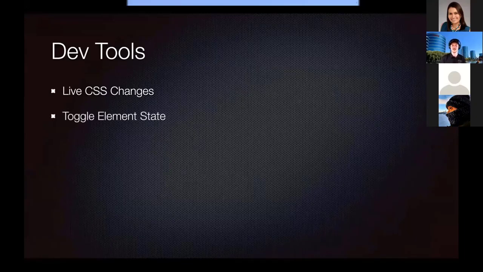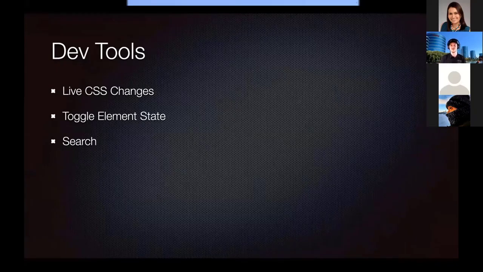So just to give you a couple of examples, you could do live CSS changes on the page directly. You could be toggling the element state. By element state, I mean like the hovering, the focus, the active state. And another one would be that you can search within the page, and not only within the source code of that specific page, but within all of the included files that are part of that page.